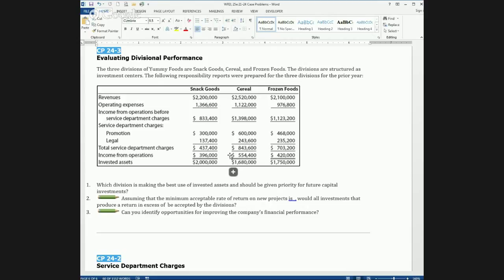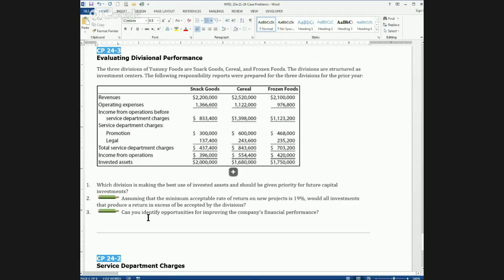The second question is, assuming that the minimum acceptable rate of return for this company is 19%, would all investments that produce a return in excess of 19% be accepted by the individual divisions?